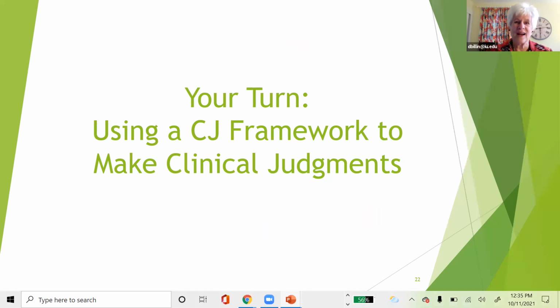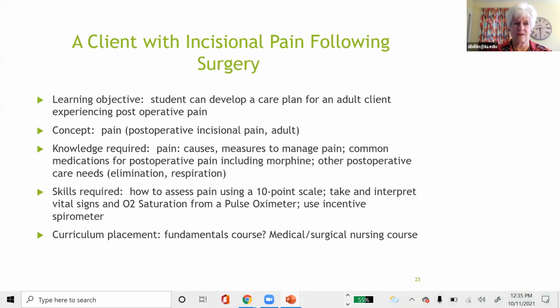We're going to go through a little scenario here, and I'm hoping that you have access to being able to do some active learning here about the framework to make a clinical judgment. So we're going to have a patient here who has incisional pain following surgery. I'm going to give you some data here that we'll use throughout the case study.